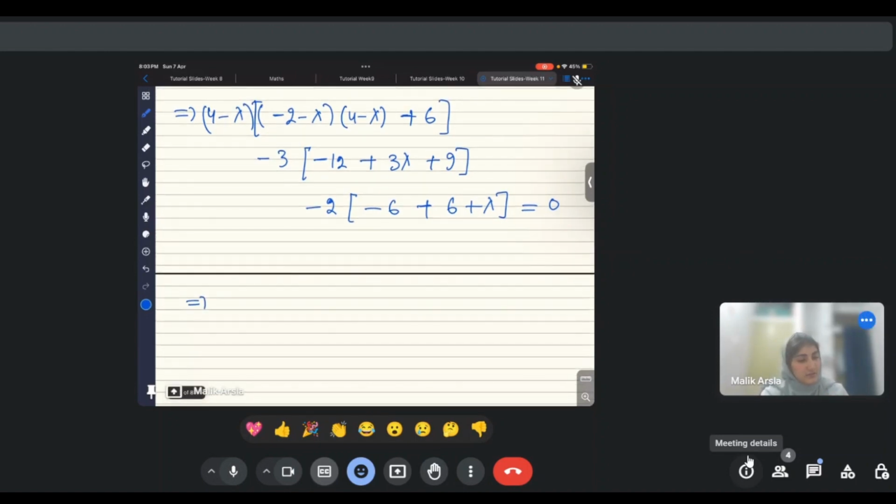Simplified further. 4 2s are 8 plus lambda square. Then minus 4 lambda and minus 2 lambda plus 2 lambda plus 6.